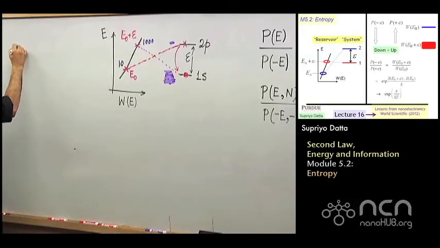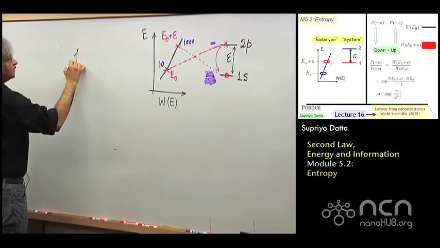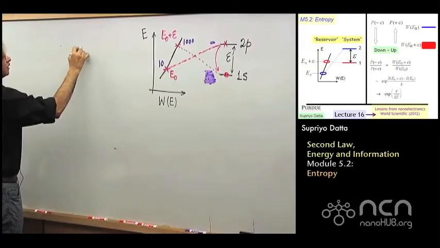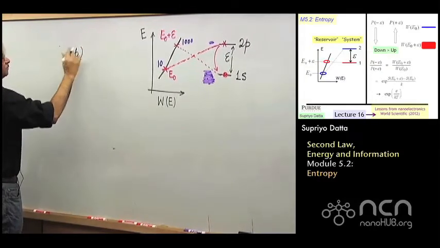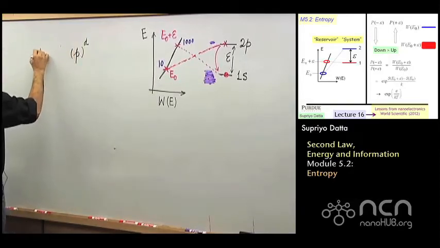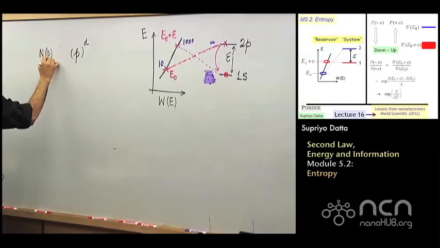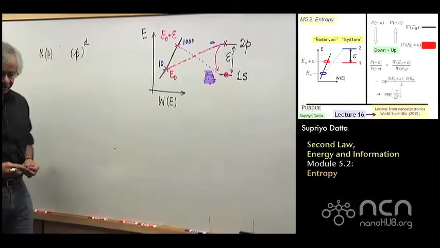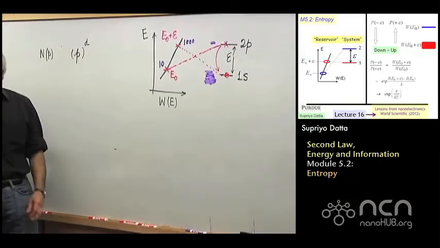We said that the number of states available up to a certain momentum p is proportional to p to the power of the number of dimensions. Remember, we introduced a variable called n of p. This, I believe, was in week 2 of part 1.